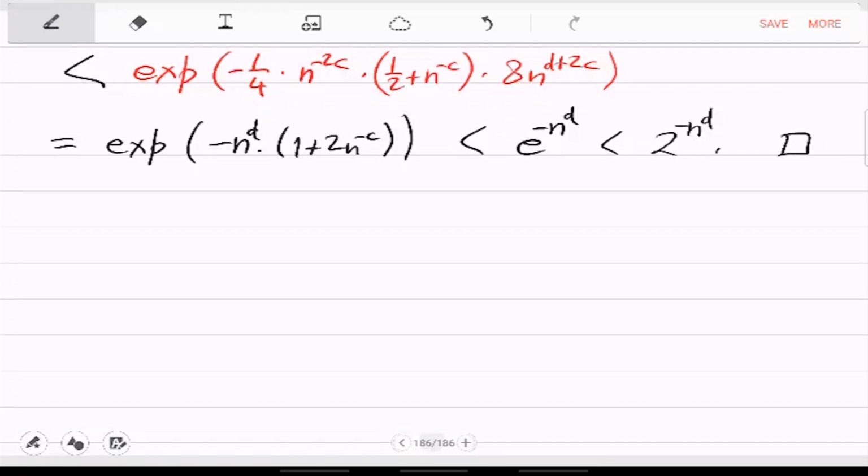So the error probability that the theorem statement claimed is 1 over 2 raised to n to the d, and that we have shown. So this is by Chernoff.